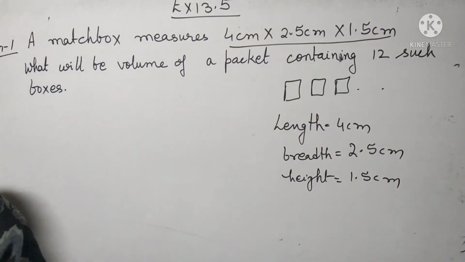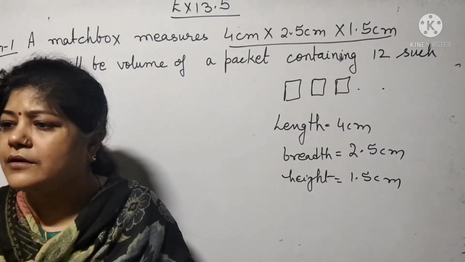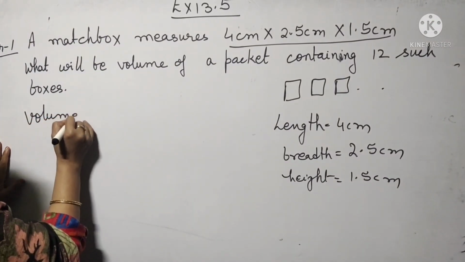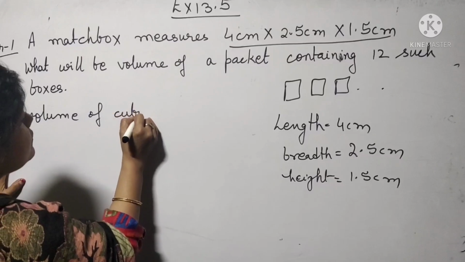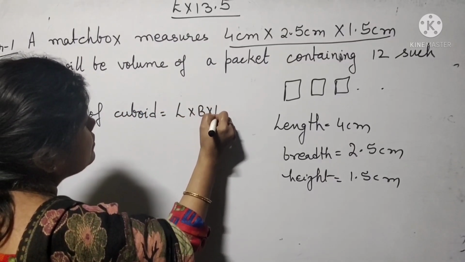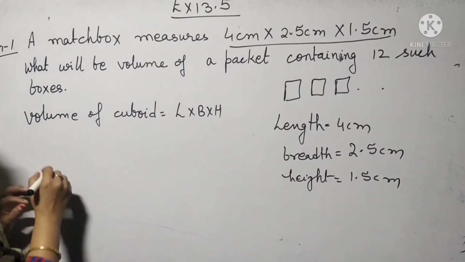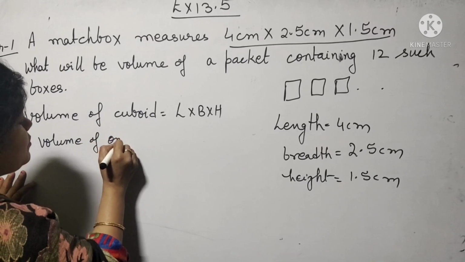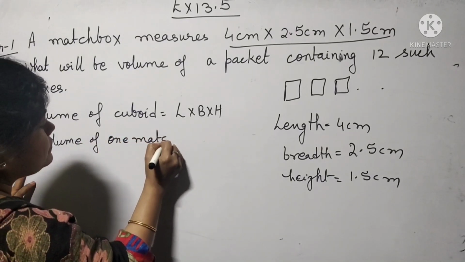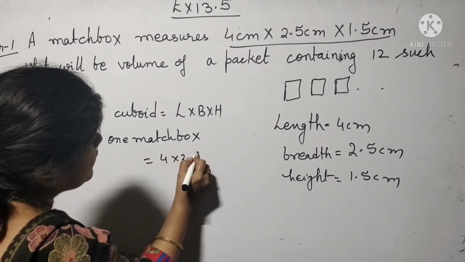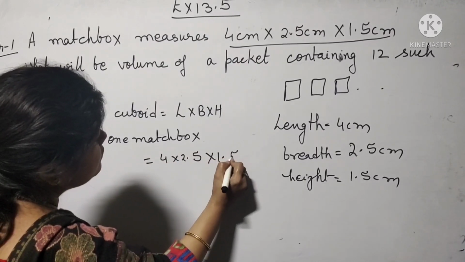In case of cuboid, length, breadth and height all are different. So, volume of cuboid, just remember the formula: length into breadth into height. So, volume of one matchbox is equal to 4 into 2.5 into 1.5.